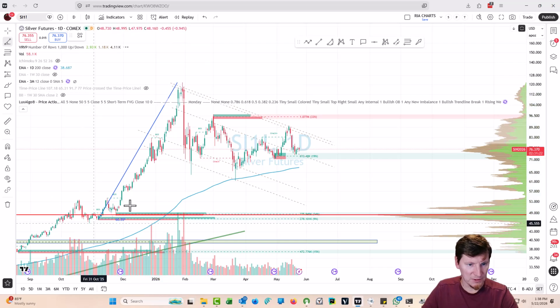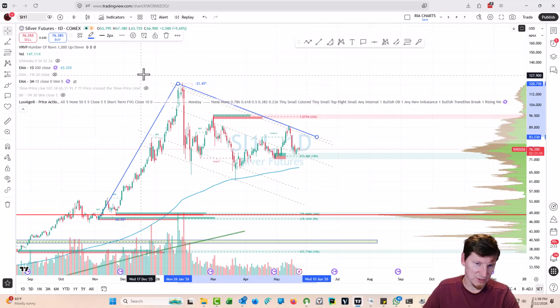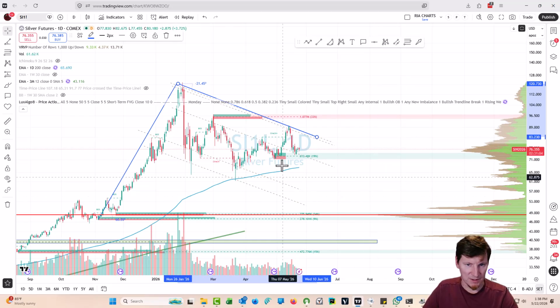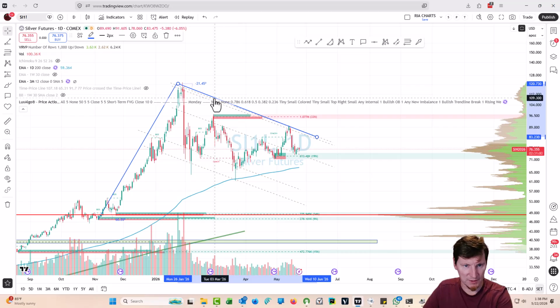So if this is 60 degrees, we want to see the time consolidation flatter than 30 degrees. And this is 30 degrees right in here. So that satisfies, just from the relationship of parabolic move to time, the bull flag consolidation pattern. So I'll take that off.